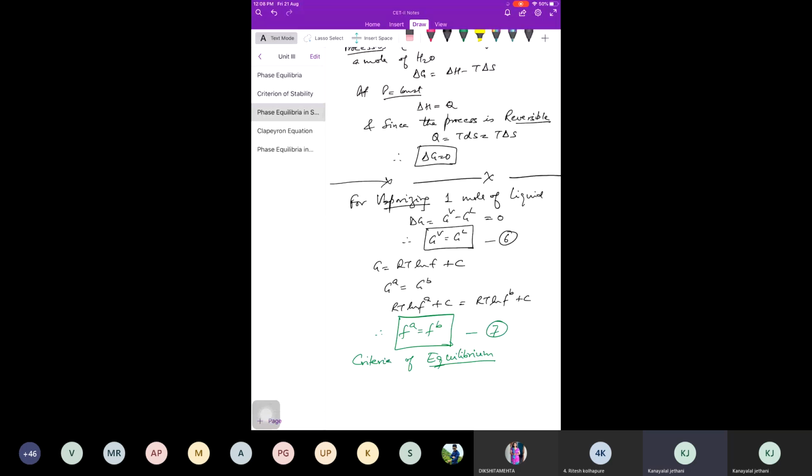And if we put G in terms of fugacity, G is equal to RT ln f plus C. For GA equal to GB, you can put RT ln fA plus C for phase A, and RT ln fB plus C for phase B. RT will cancel out, C will cancel out, and what you get is fA is equal to fB. So this is another criterion of equilibrium. So Gibbs free energy has to be the same in both phases, and fugacity has to be the same in both phases.